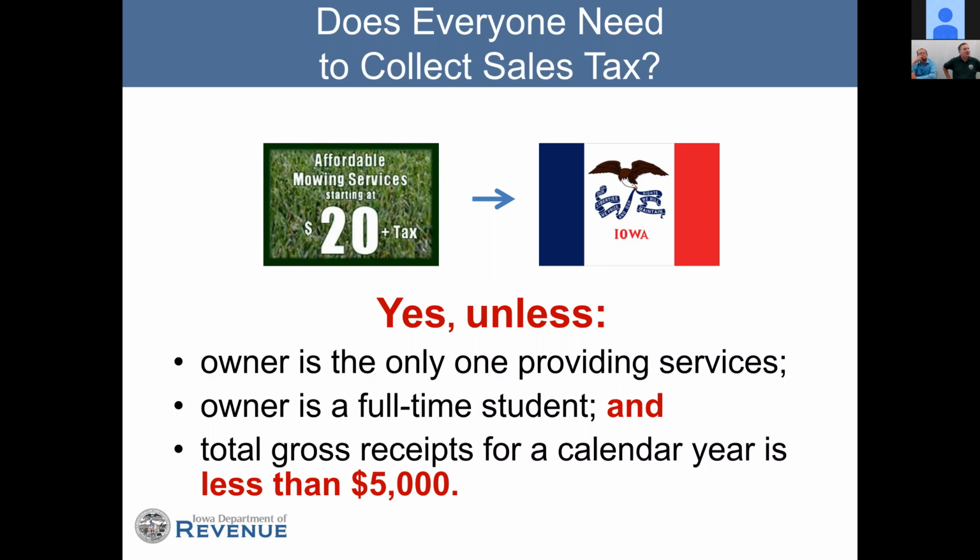We've got a question up here. It looks like: if you're paid to mow a ditch or a vacant lot, does it then become taxable? No, that's not going to be taxable, and the reason is it's not considered a lawn. A ditch or a vacant lot, generally speaking, is not something that's mowed every week. It's not something that's groomed. It's just mowed once in a while, maybe because there's a city ordinance or something.